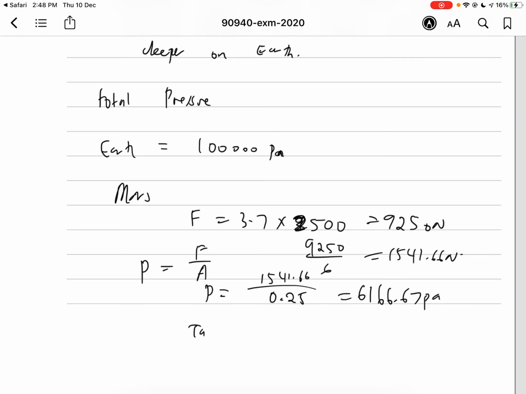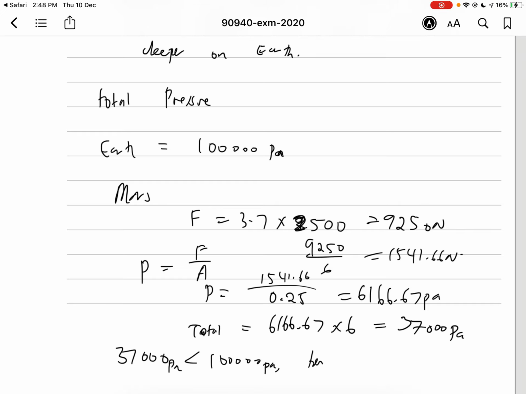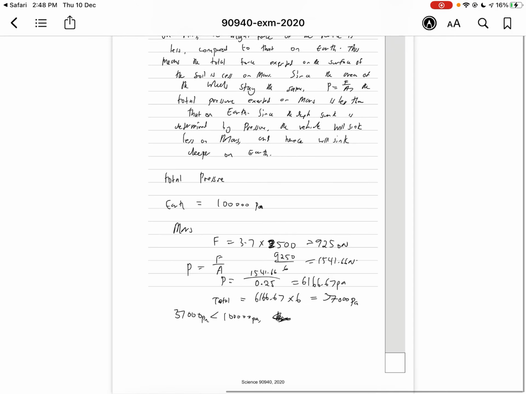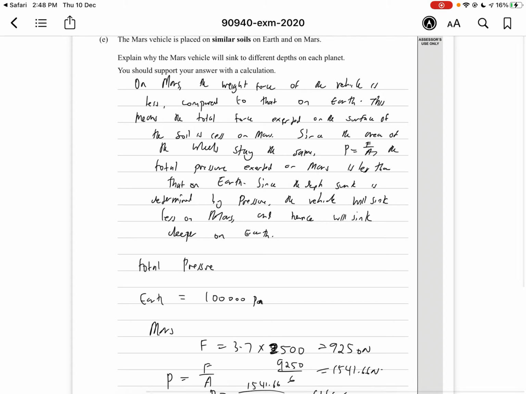And we need to multiply by 6. So the total equals 6,166.67 times 6, which equals 37,000 pascals. As you can see here, 37,000 is much less than 100,000 pascals. We don't really need to say anything else. So that's our final answer for this question.